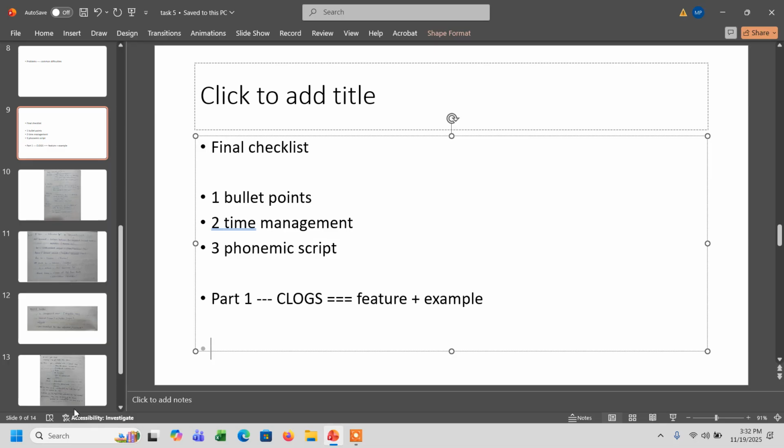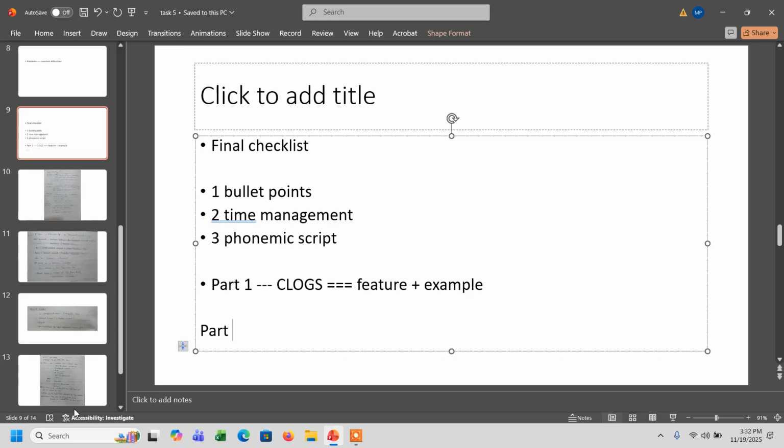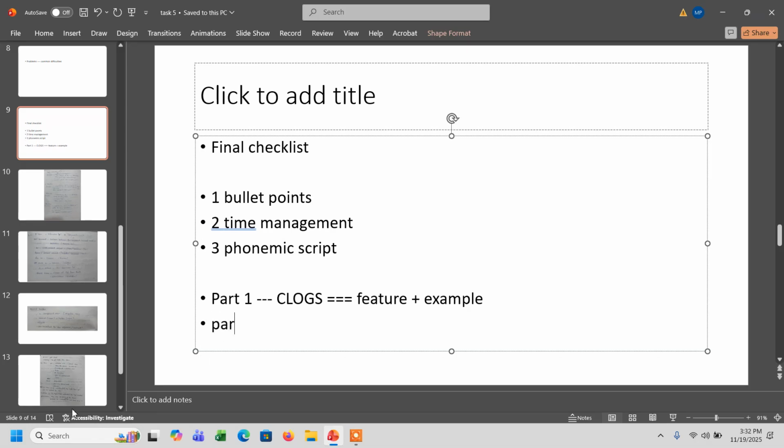And for the second part, part 2, read the rubrics carefully. Just answer what you are asked for. Don't give more answers. You will not get marks. Okay? So, well, I think that's all.